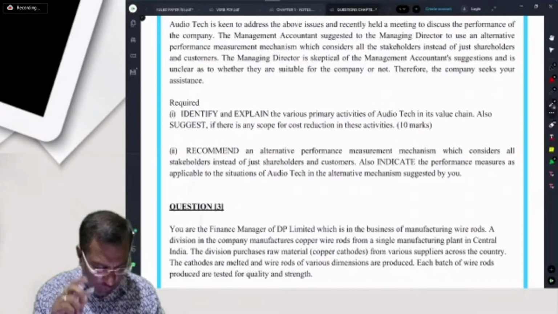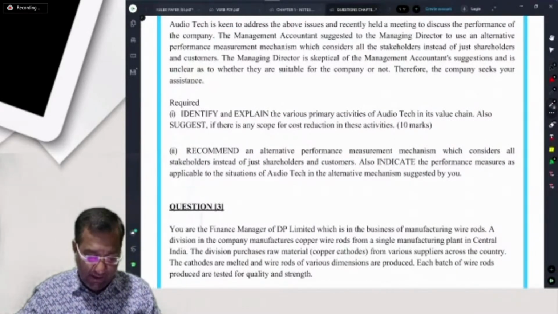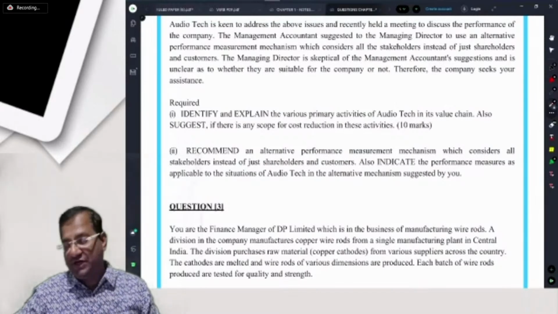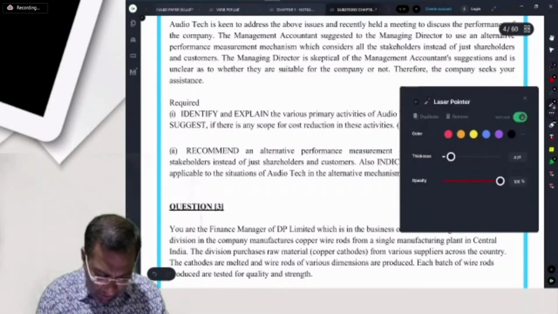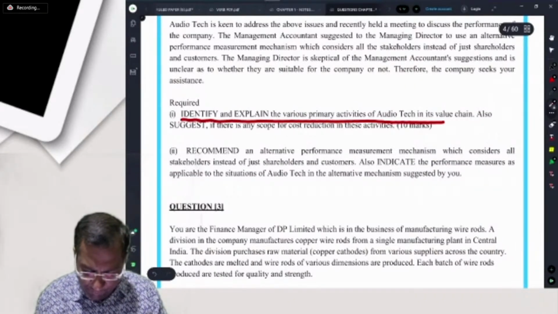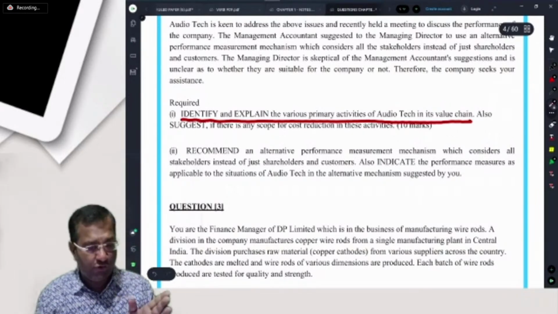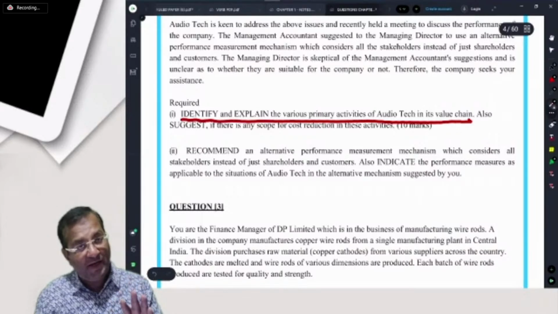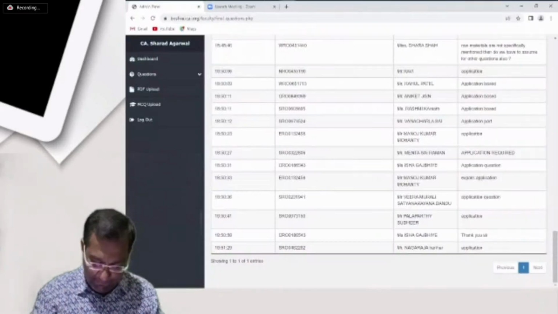There are two verbs used. First, we have to identify and then explain the primary activities of Audio Tech in its value chain. Can you please help me out whether I have to write down all the 5 primary activities as per the language given in the requirement part? Yes or no? All the 5 primary activities, mandatorily. The word important is mandatorily.